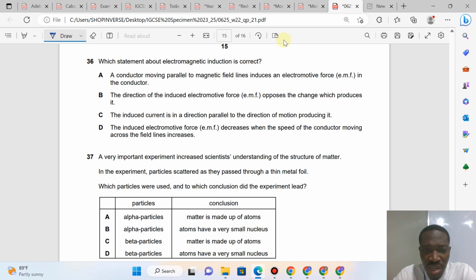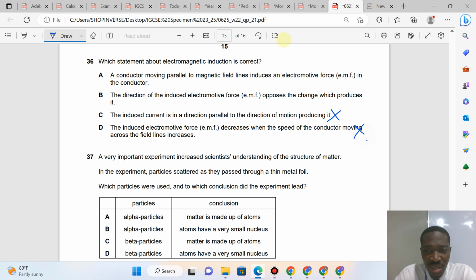Okay, B, the direction of the induced electromotive force opposes the change producing it. That's correct. C, the induced current is in direction parallel to the direction of motion producing it. That is not correct. D, the induced electromotive force decreases when the speed of the conductor moving across the field lines increases. That's not correct.